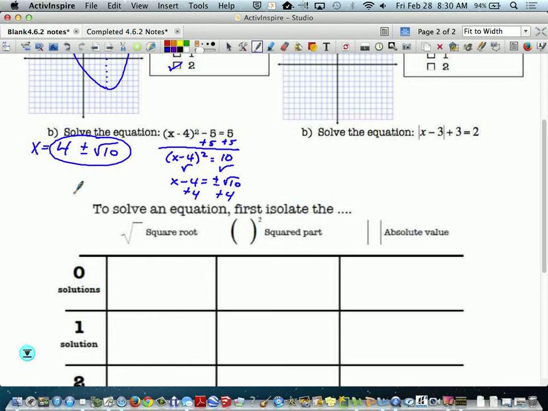Does anybody have the 2 decimals? 3.16... I got 7.16 and... no, I got 7.84.